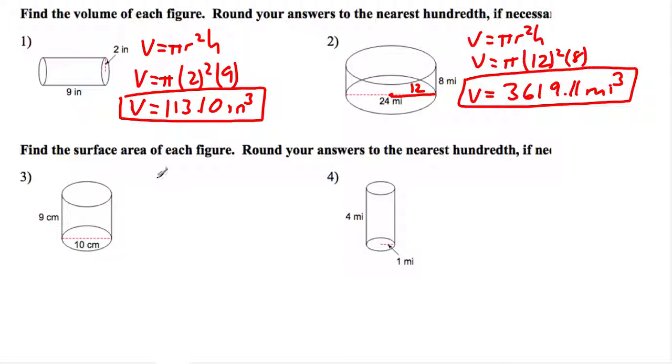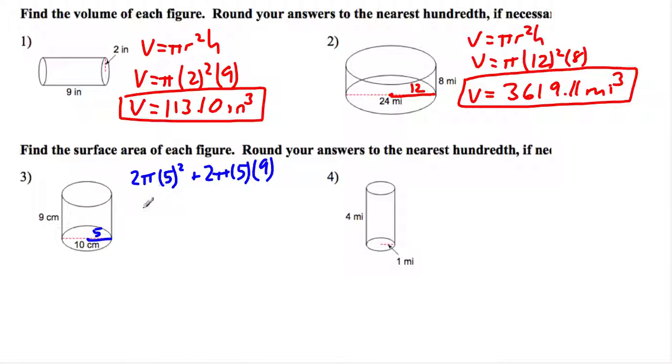Now for surface area, again, we want to add the area of the two circular bases. And so here we have a diameter of 10, so this radius is 5. So we have 2 times pi r, which in this case is 5 squared, plus 2 pi, which is the circumference, so 2 pi times r, which again is 5, times the height, which is 9.